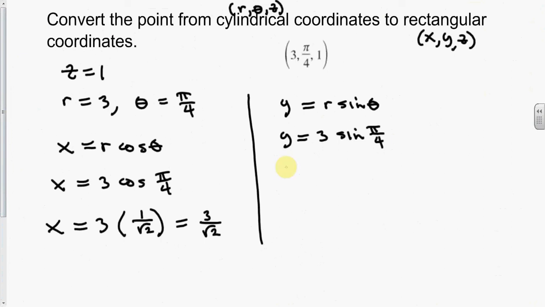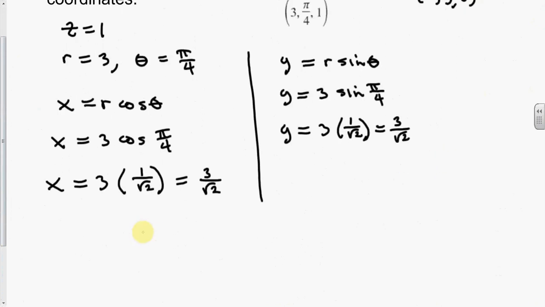So y is equal to 3 times 1 over the square root of 2, 3 over the square root of 2, or you could say 3 times the square root of 2 all over 2, doesn't matter. It asks for the rectangular point, so it's going to be 3 over the square root of 2 for x, comma y, 3 over the square root of 2, and then z stays the same for both of them.